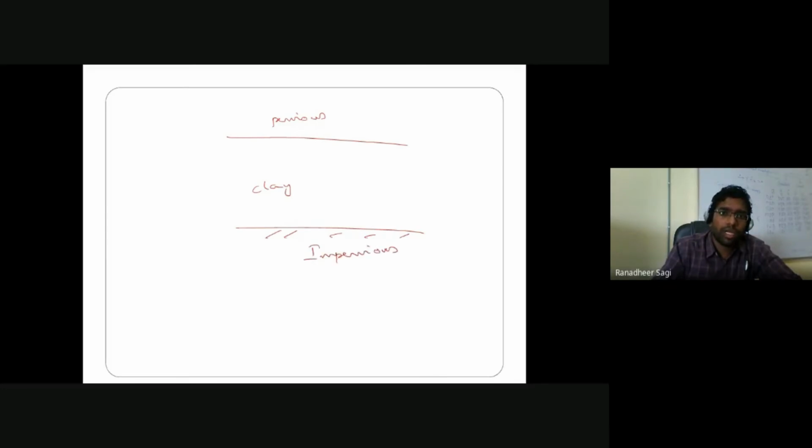Okay, so earlier we were trying to talk about some of those examples. Let's say, for example, if I have some clay soil strata here, this is a clay soil strata, and here it's a pervious soil, and here is an impervious layer. Now let's say I'm considering a 10-meter thickness of clay layer.